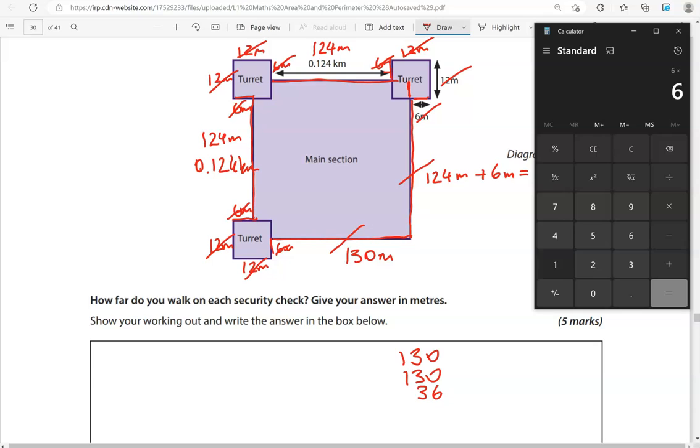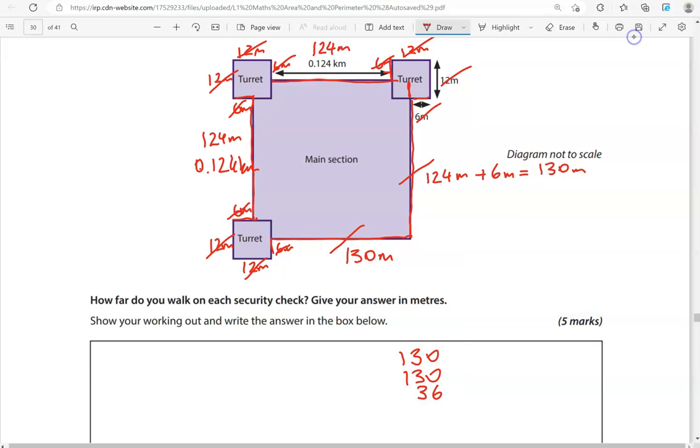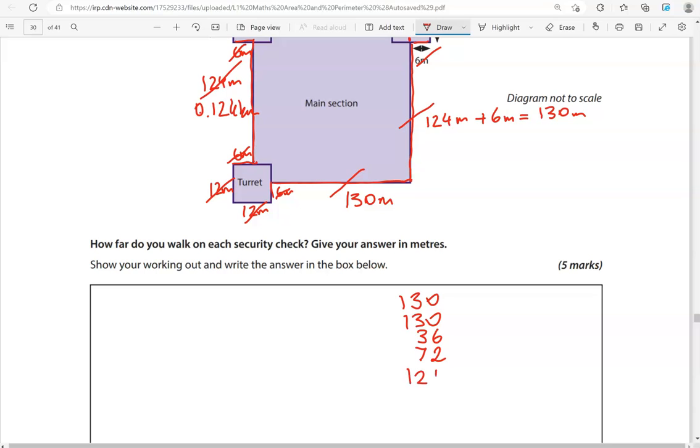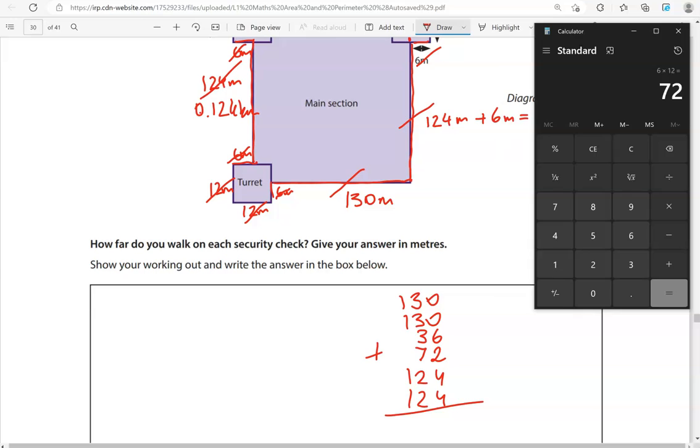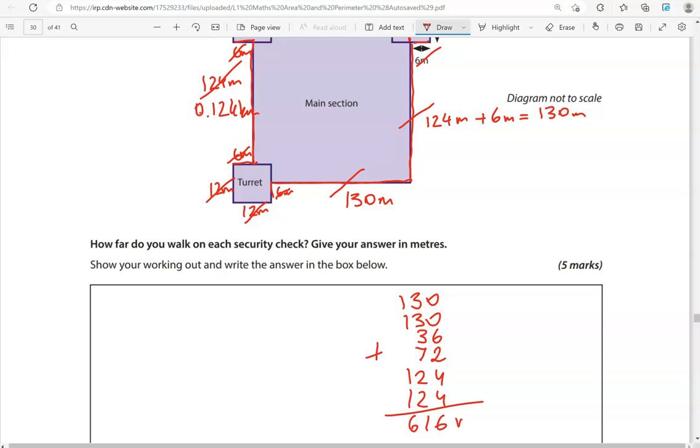So 6 times 12 gives us 72. Then 124 and 124. So adding all of these together gives us 616 meters.